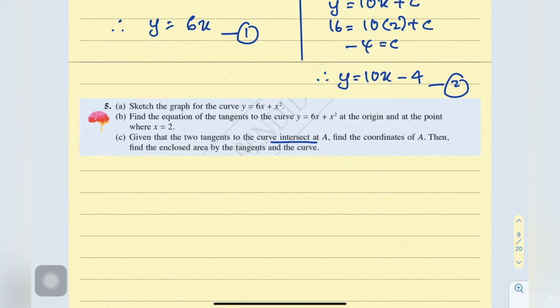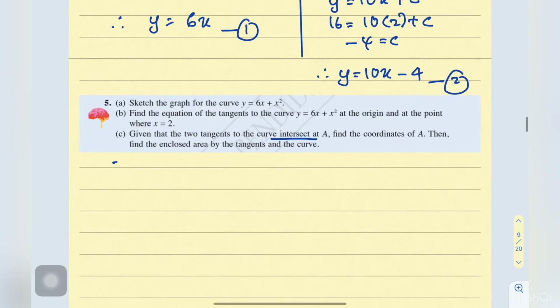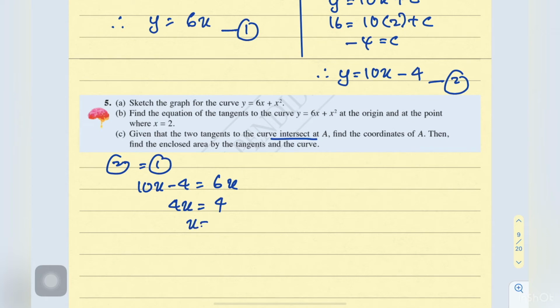So 10x minus 4 equals 6x, then 4x equals 4, x equals 1. When x equals 1, you put into the first equation, so y equals 6. So therefore A is (1, 6).